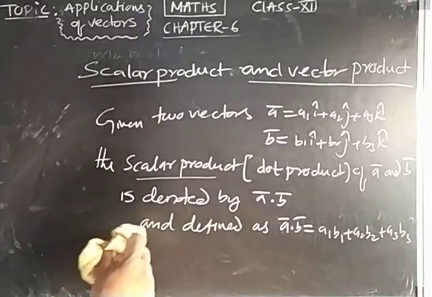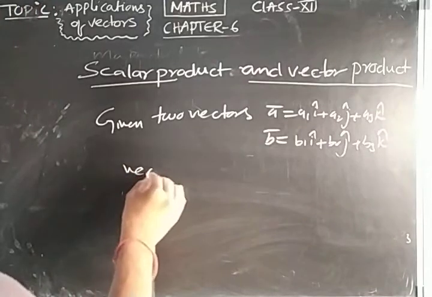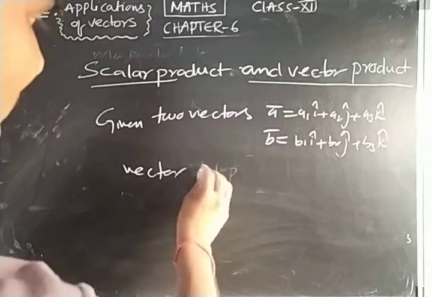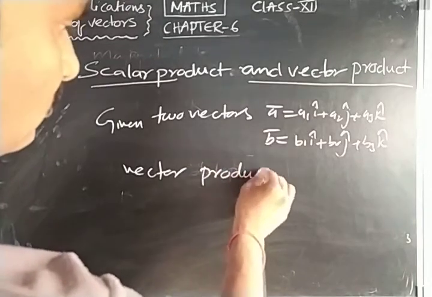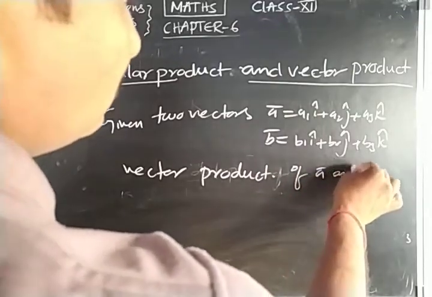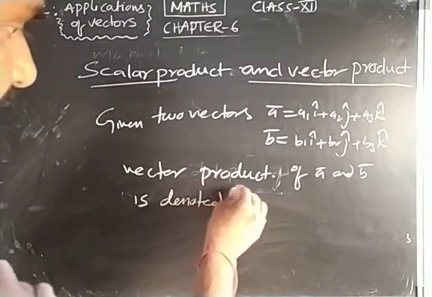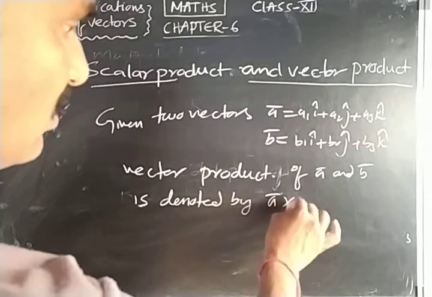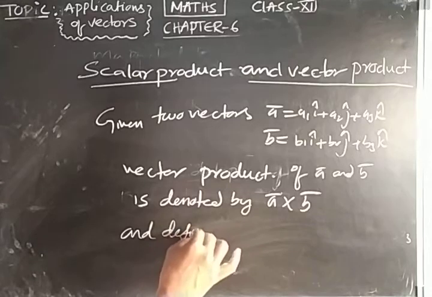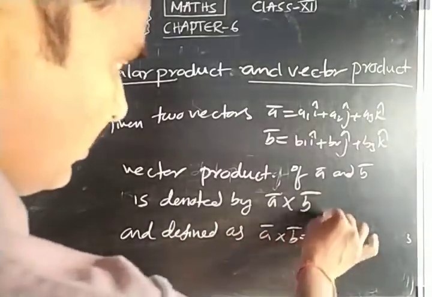Next, the vector product. For these two vectors, the vector product of a bar and b bar is denoted by a bar cross b bar and defined as: how to calculate?